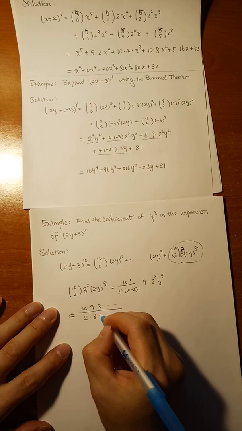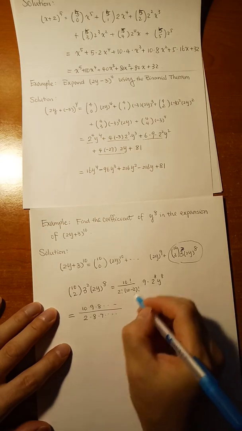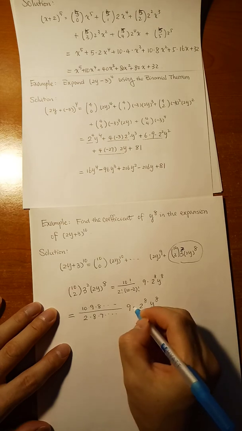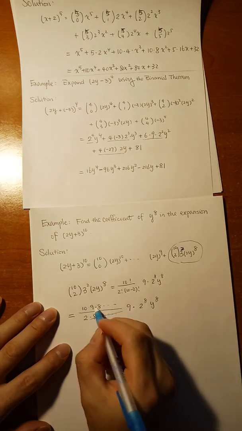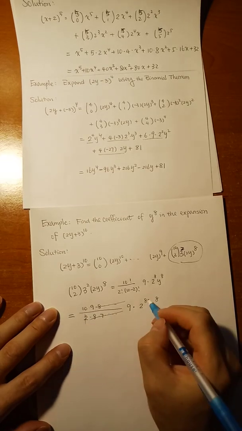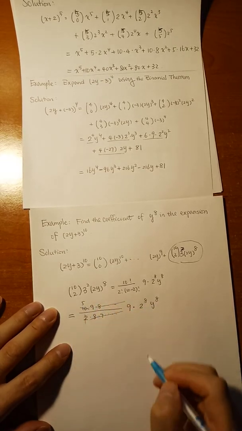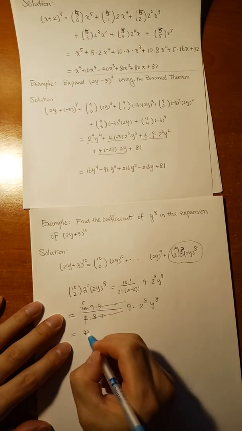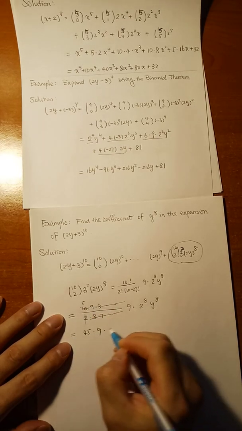Times 9 times 2 to the 8, and y to the 8. The 8, 7 stuff cancels with the 8, 7 stuff, and this 2 cancels with the 10, you get 5. 5 times 9 is 45, and times 9 times 2 to the 8.